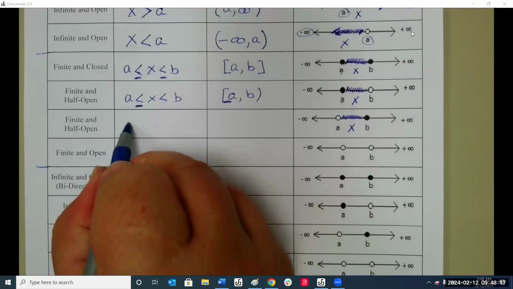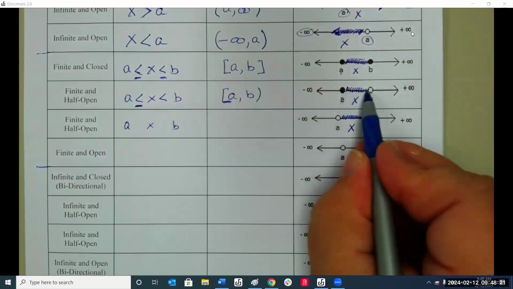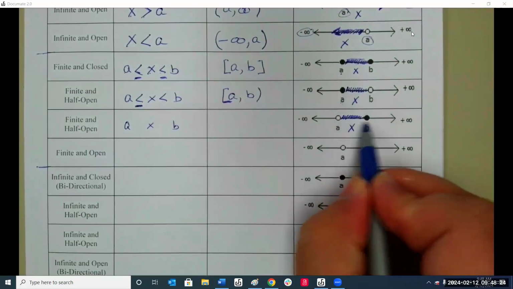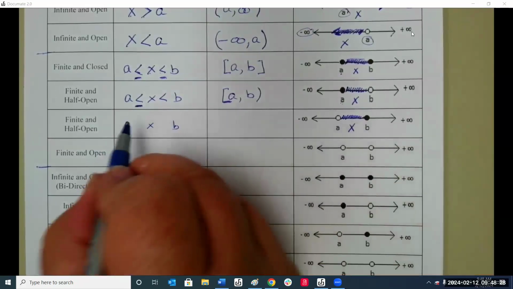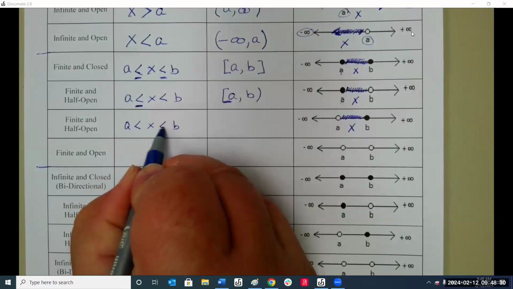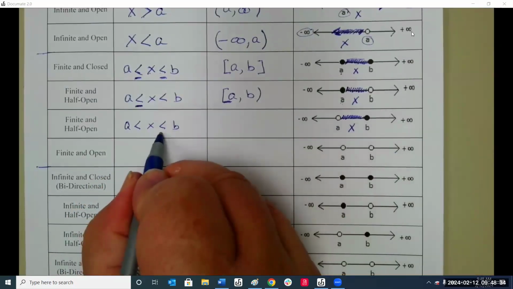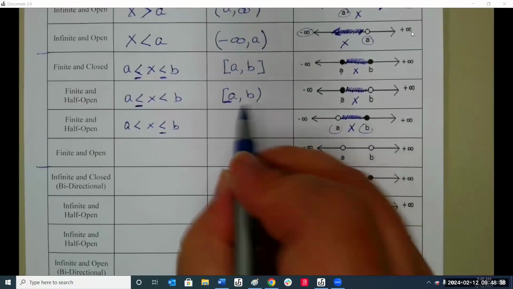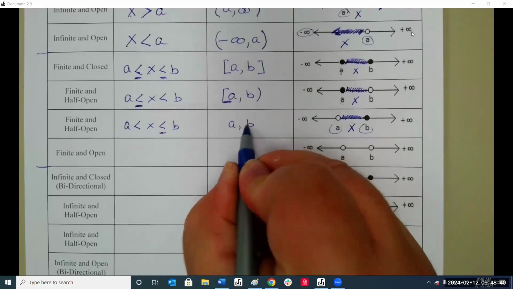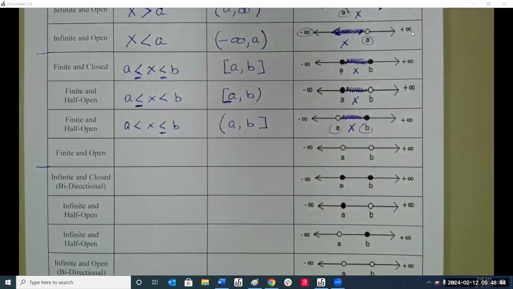So we have a, x, and b. In other words, x is between a and b. That's what it's telling us. And we can't use a, but we can use b. a and b are my endpoints. So it's a, comma, b, parenthesis, bracket.